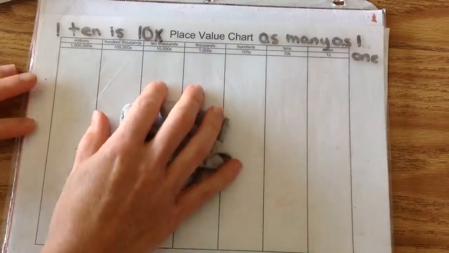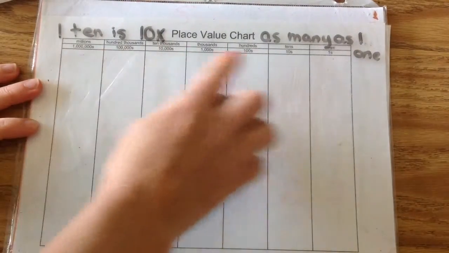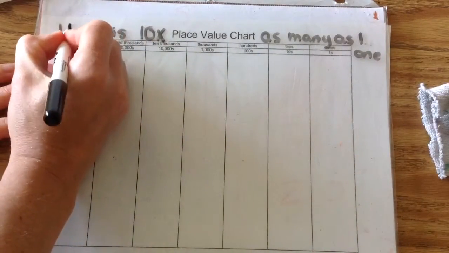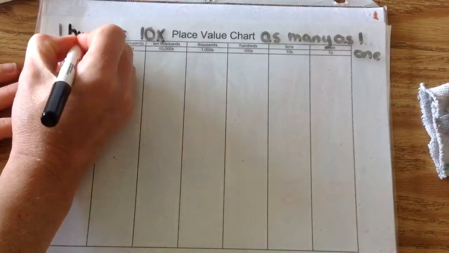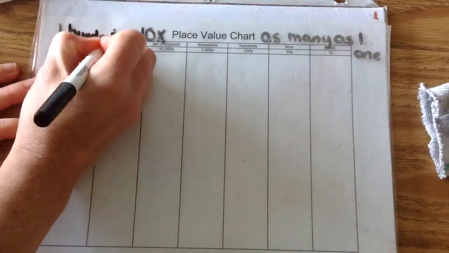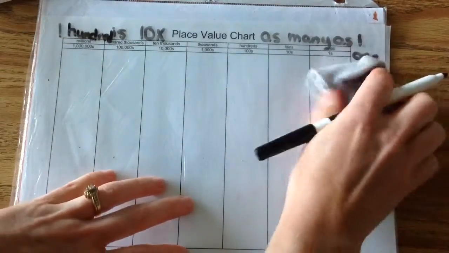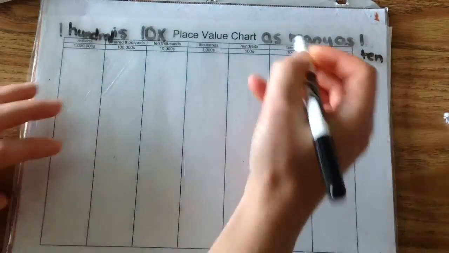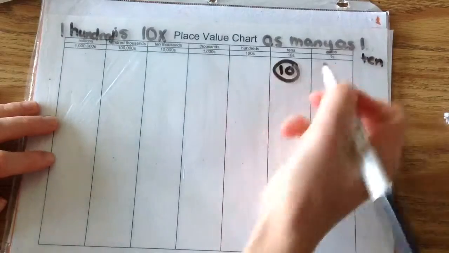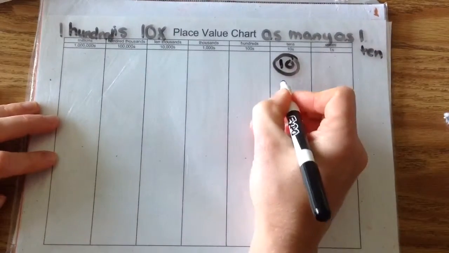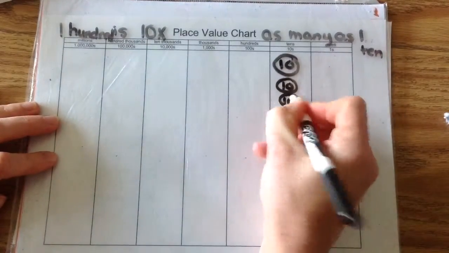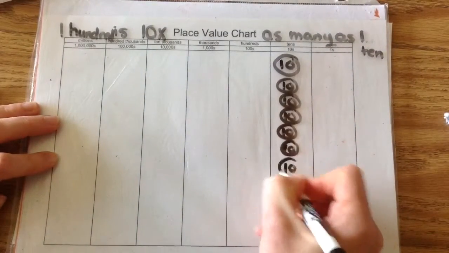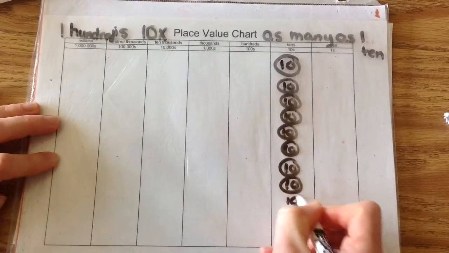So now, instead of saying 1 ten is 10 times as many as 1 one, we're going to change this. And we're going to say 1 hundred is 10 times as many as 1 ten. Because if I have 1 ten here, and I come up with 10 of them, 4, 5, 6, 7, 8, 9, 10.